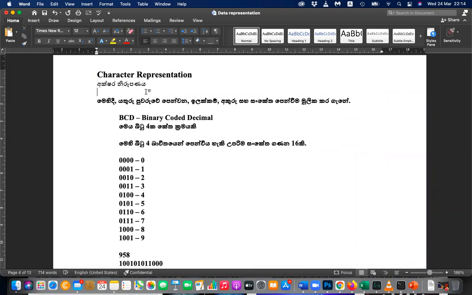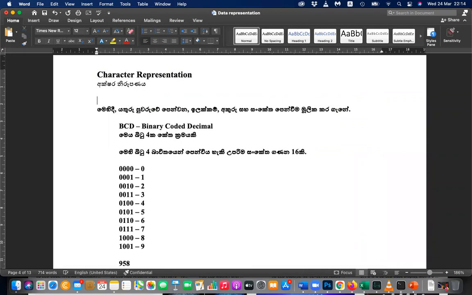Right, under that, please write, we will focus on representing numbers without signs, right? Numbers without signs.